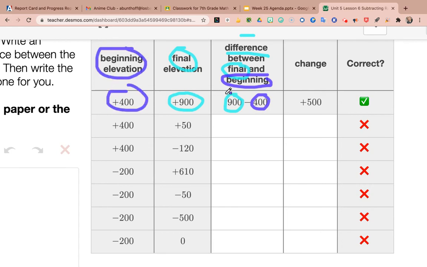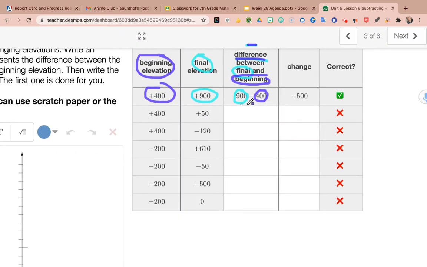So notice the order. Difference means to subtract. Final and beginning. If it said beginning first, the beginning number would go first. But because it said final, final goes first, and then it said beginning. So the words really matter.